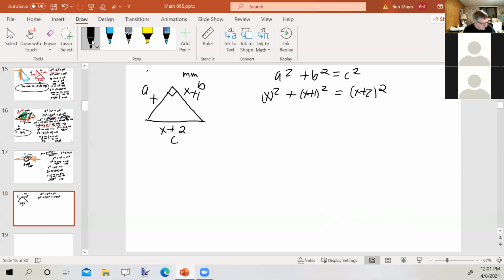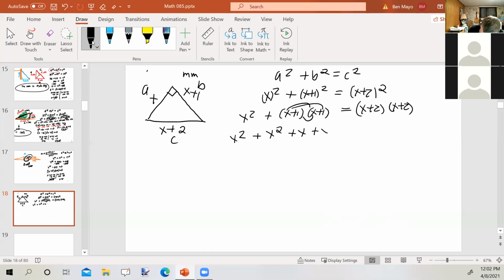So this is very much like the problem we did earlier, where now we've got x squared plus x plus 1 times x plus 1 equals x plus 2 times x plus 2, which gives us x squared plus, foiling, x squared plus 1x plus 1x plus 1 equals x squared plus 2x plus 2x plus 4.